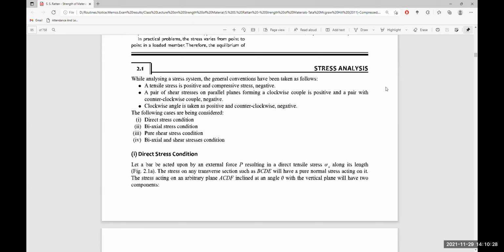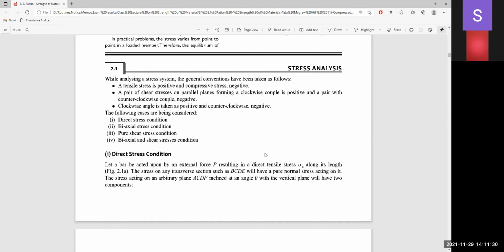Both of them act together, and their common effect over the bar is under our consideration. So far we have discussed the stress condition over a plane normal to the longitudinal axis of the system. Here we will consider the stress situation of a plane acting at an angle with the normal plane, which is normal to the longitudinal axis.